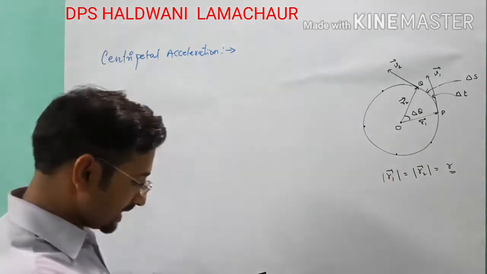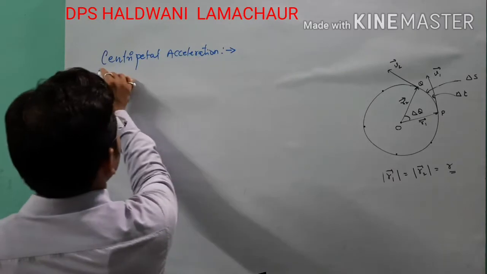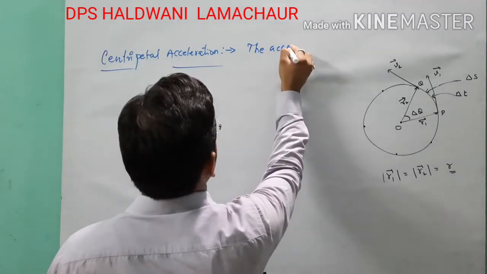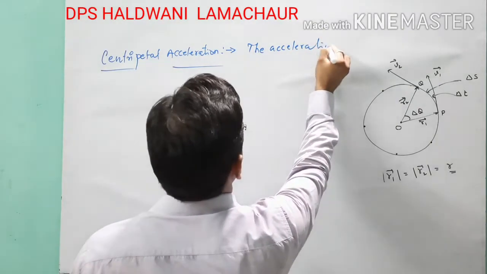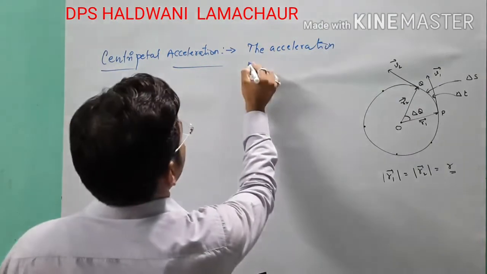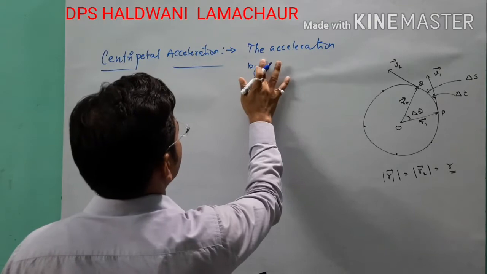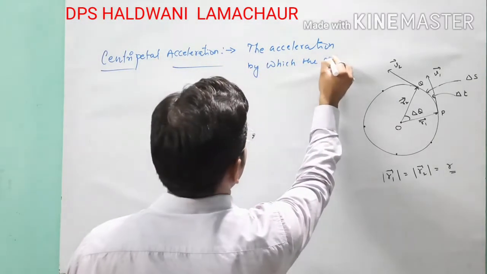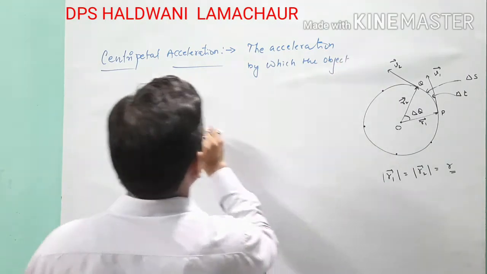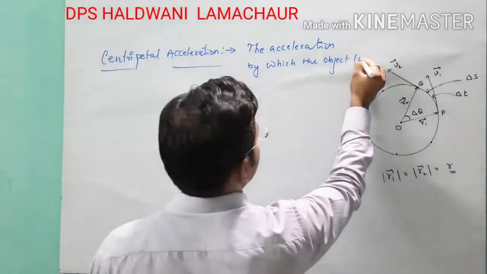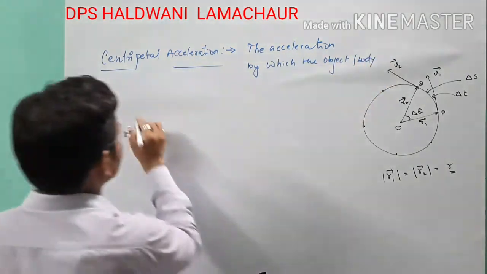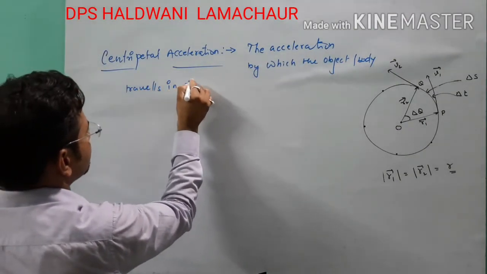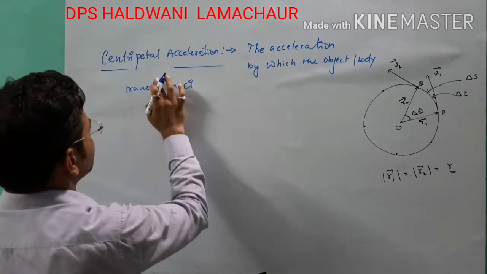So here we can write centripetal acceleration: the acceleration by which the object or body travels in a circular path.